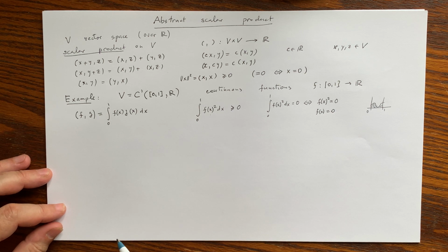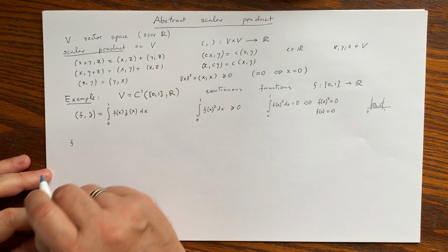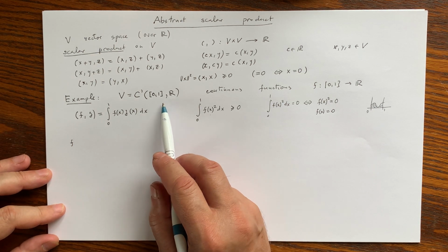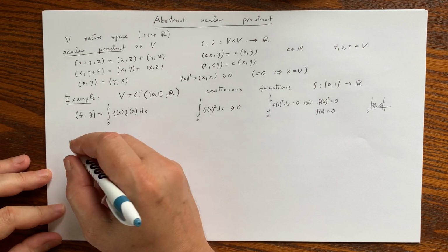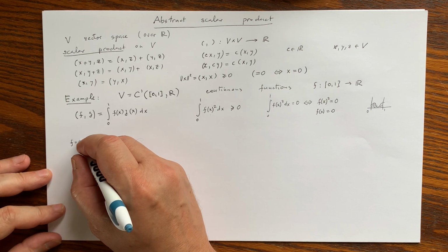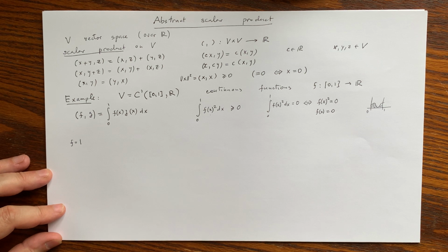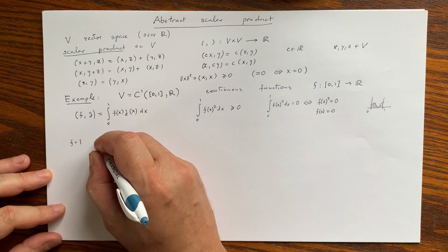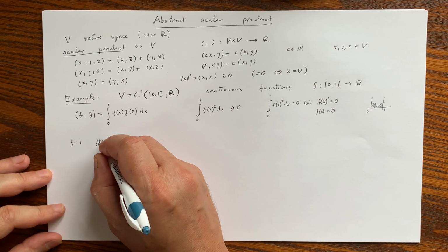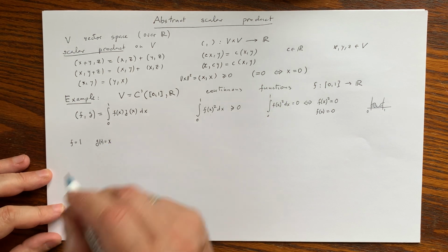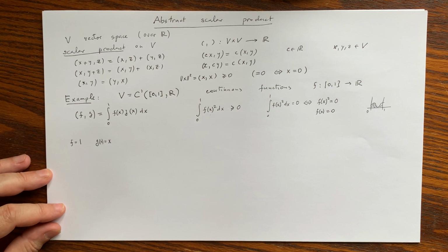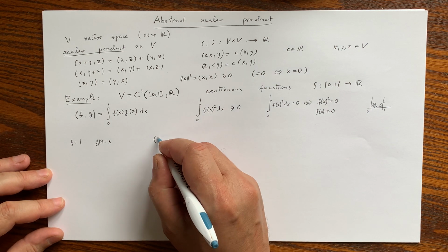Let's look at some simple examples. Let's take two of the easiest continuous functions, namely two polynomials: degree 0 first, the constant function 1, and then a degree 1 polynomial, just the identity function x. So what will be their scalar product?